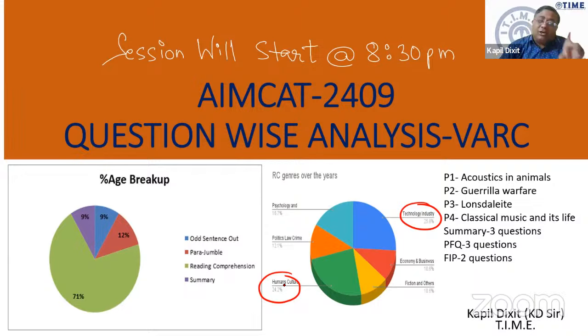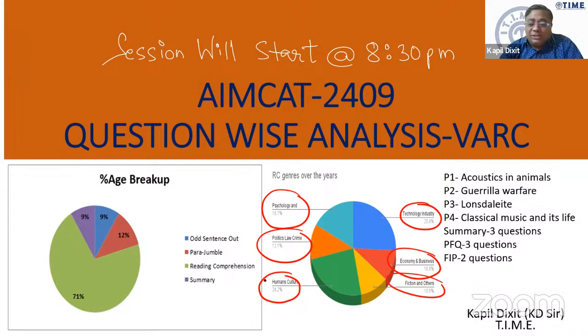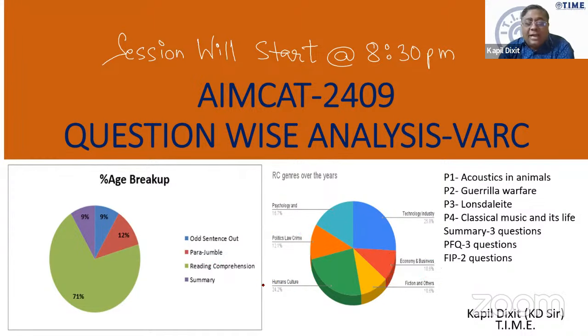This is the basic composition of RC genres over the years. Yes, you're getting passages on economics and business also. You're getting passages on fiction, 10% each. If you look at psychology also, there is a 16% portion, which is a good portion. Politics, law, crime, another 12%. This is just to give you an idea of the genres you typically get in, let's say, the previous CAT papers.